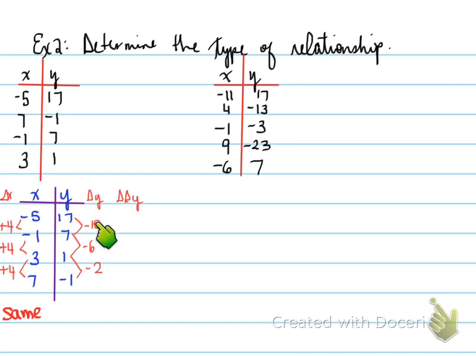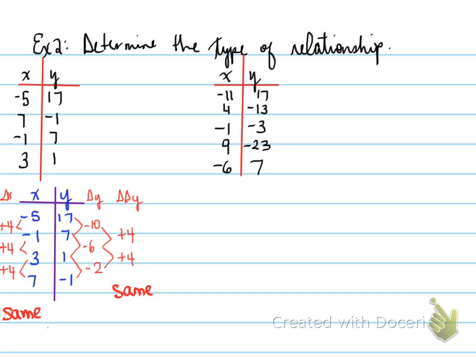Delta y says, how do these numbers change? From negative 10 to negative 6, it goes up 4. And negative 6 to negative 2, it goes up 4. Look at these numbers. You see that these numbers are the same.